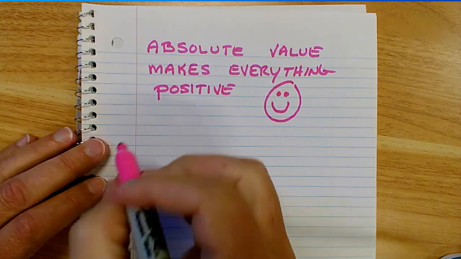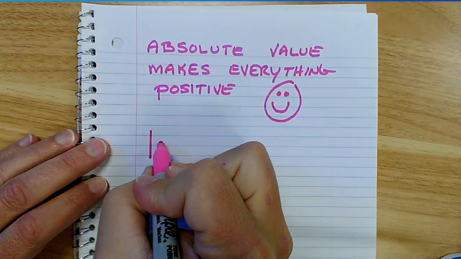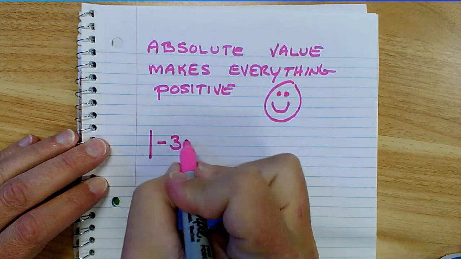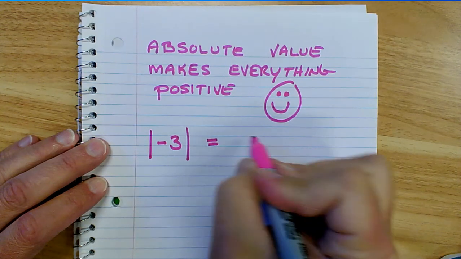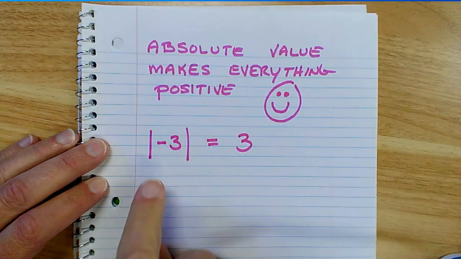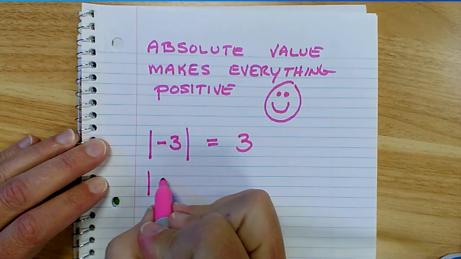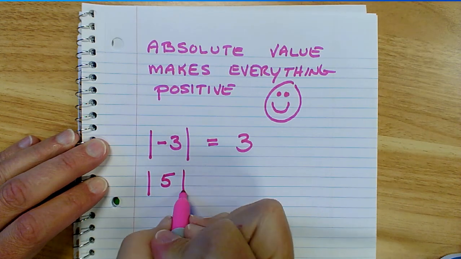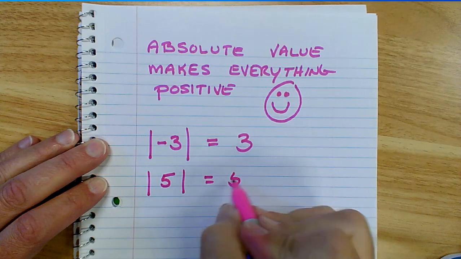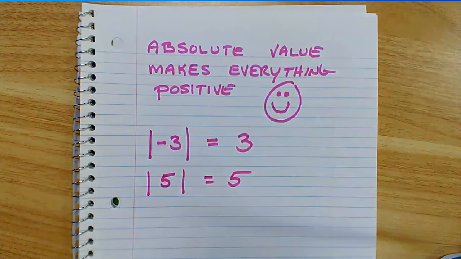Here's how it works. If I have the absolute value of -3, well, that becomes 3. Absolute values make everything positive. If I have the absolute value of 5, it is 5. It stays positive. So the first one, it becomes positive.